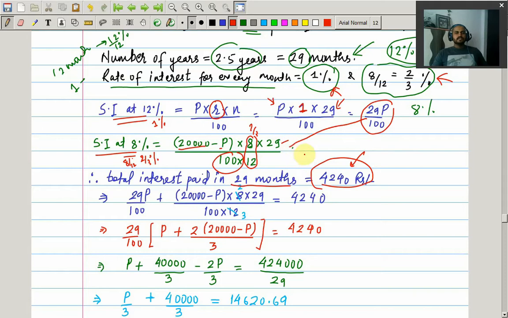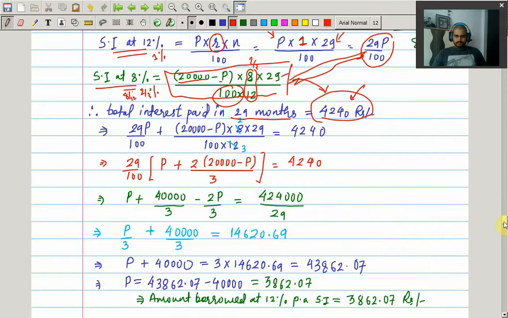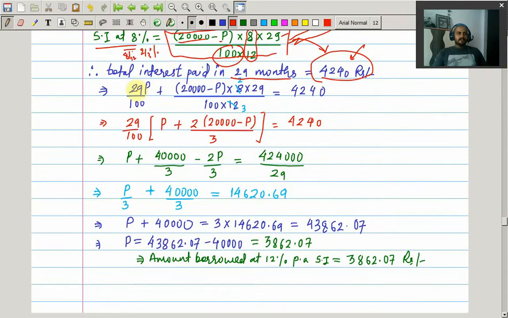So we need to add this interest and this interest. So total interest is this much. So I have added 29P upon 100 plus the above thing, and I have cancelled this 8 by 12, that's 2 by 3, and the total interest is this. Now try to simplify this.